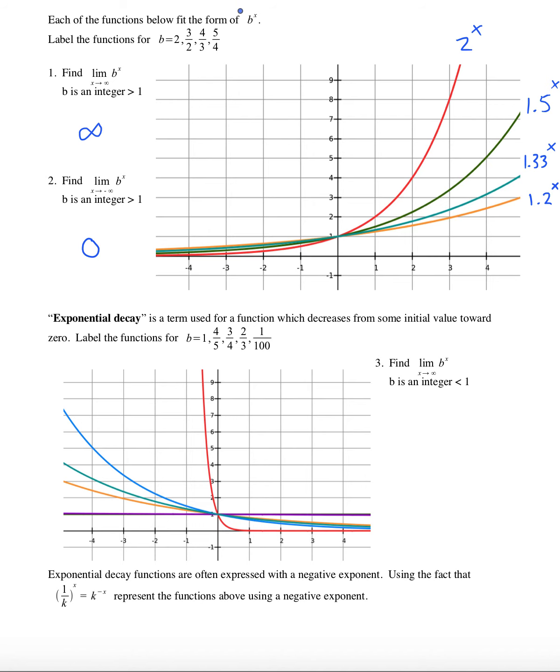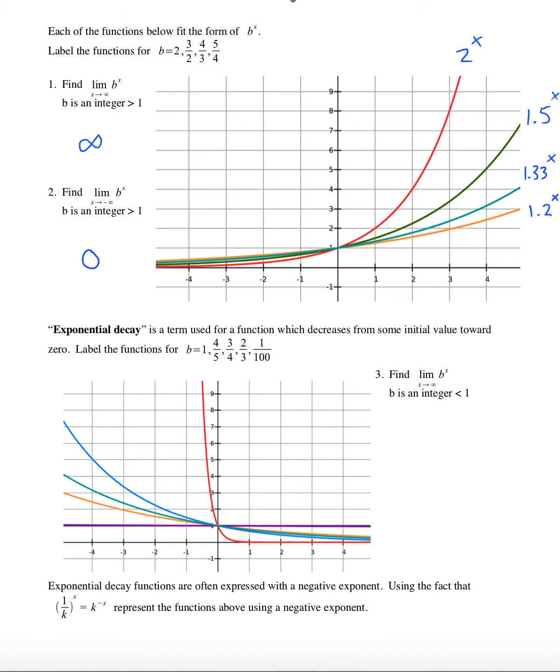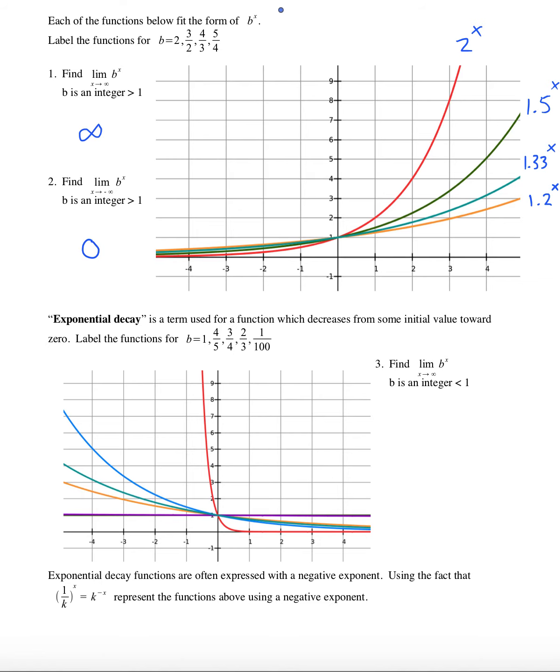Now these are examples of exponential growth. It's exponential growth because the value of the function is increasing as x increases. But these functions are actually an example of what we call exponential decay. Now, what type of situations would we expect for each type?